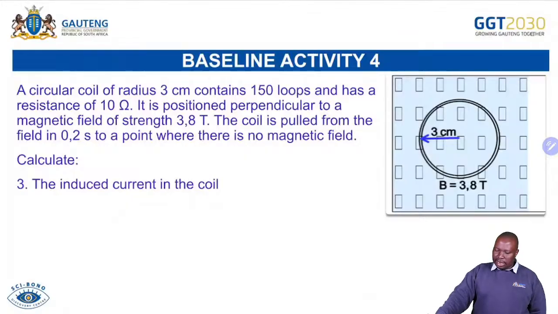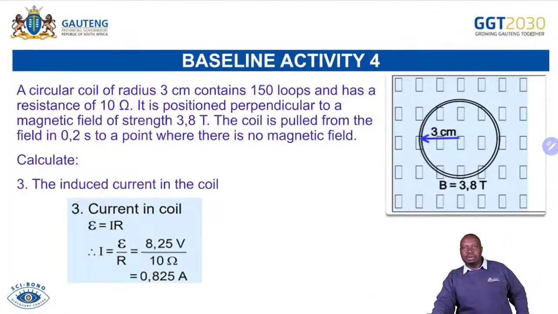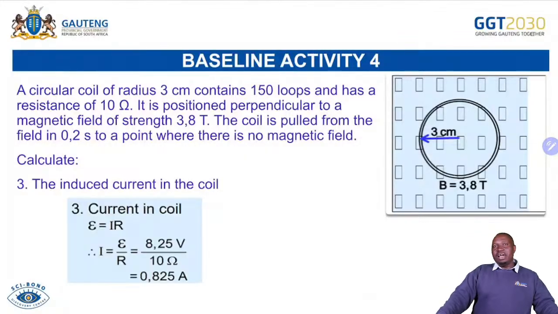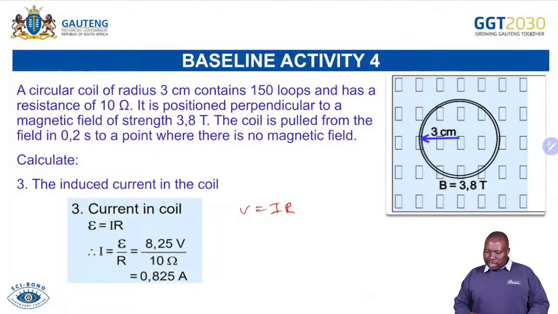And lastly, it is the current. Remember, it was the EMF, and after the EMF, it is the current. Remember, you know the formula V equals IR. So the V here, we're talking about V total, which is your EMF. You are saying EMF, and then you are able to do the substitutions.